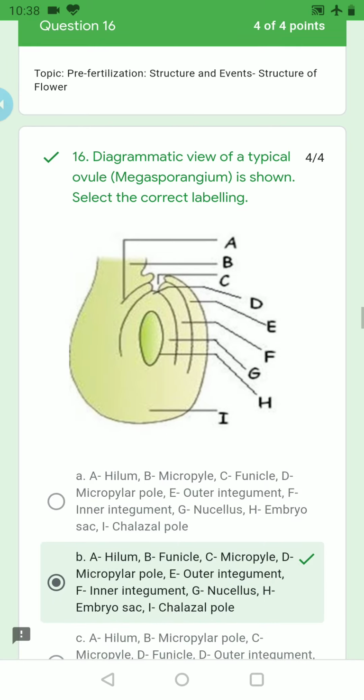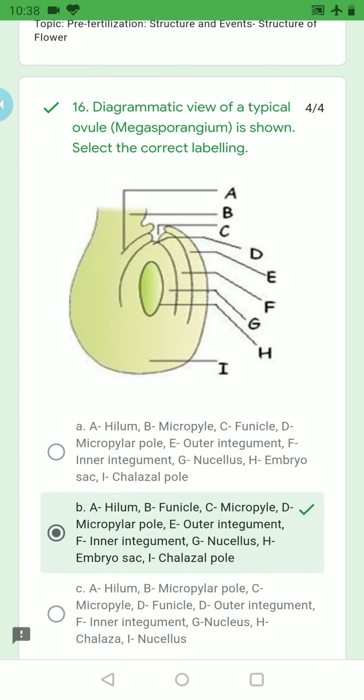Observe the diagram. The diagrammatic view of a typical ovule, also known as megasporangium, is shown. Select the correct labeling. Before you go towards the options, just label it.